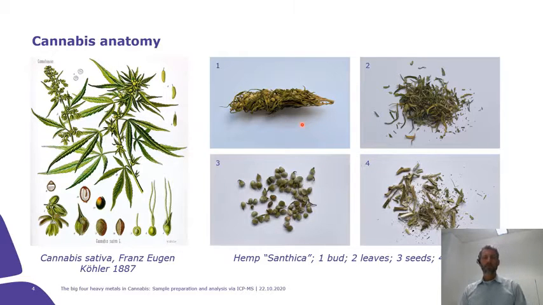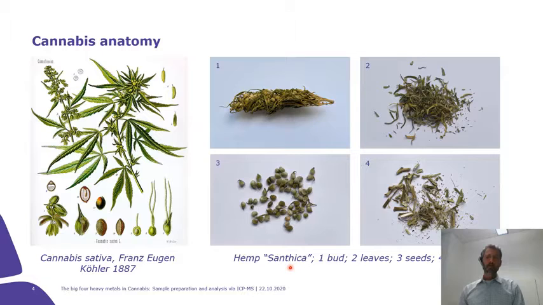And the first set of experiments is focusing on the analysis of such an entire bud. This is the variety Santica. There are different others, and in total we're analyzing three varieties. Varieties can also be called strains, or some also call them subspecies.